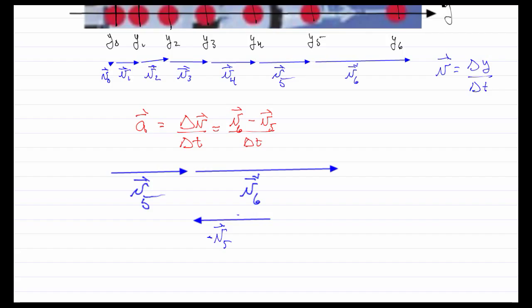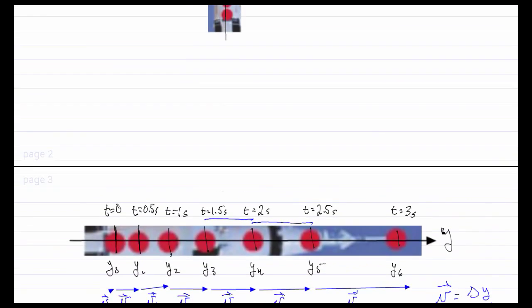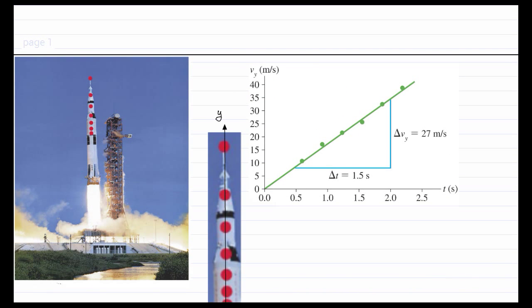Let me just draw it in red. So this vector in red is our delta v, which is v6 minus v5.